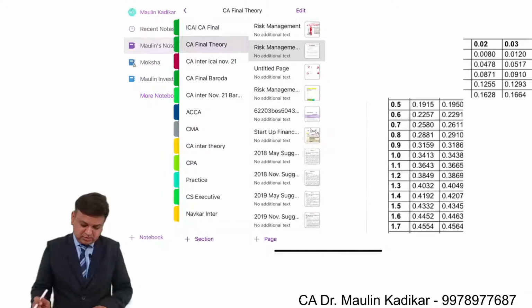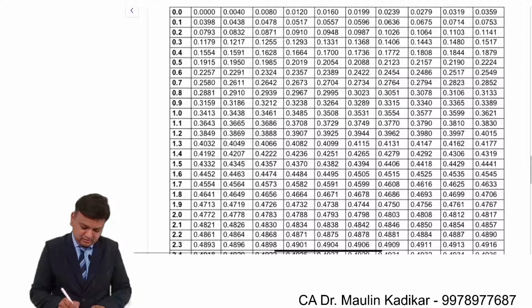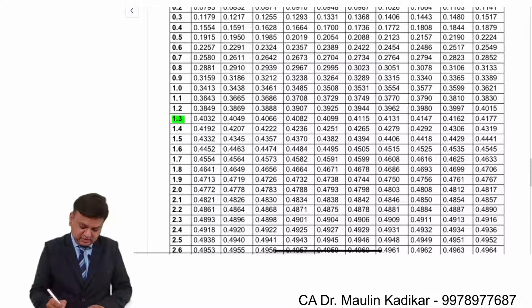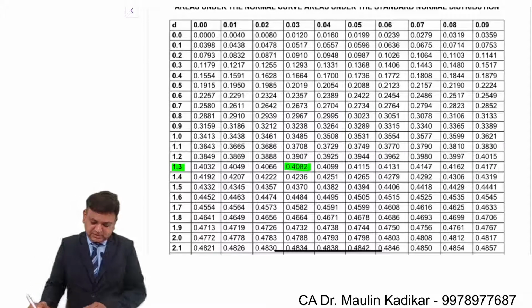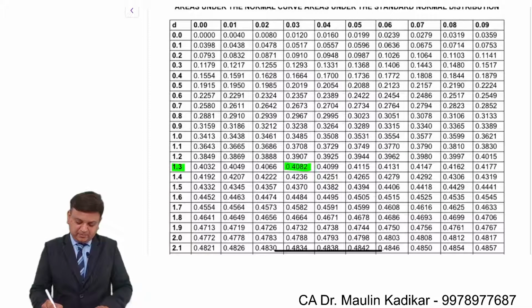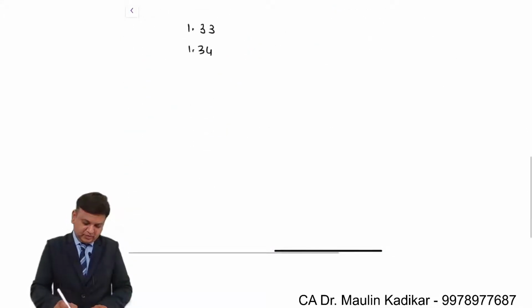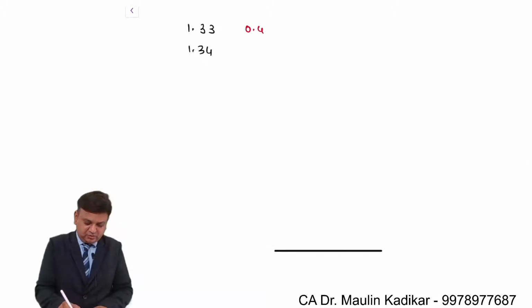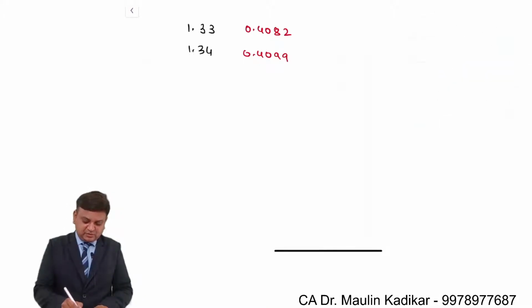So for 1.3 and 1.33, the readings are 0.4082 and 0.4099. Difference between both of them is 0.01.